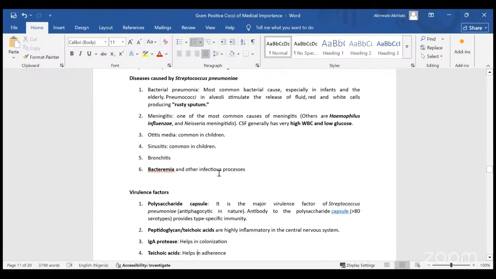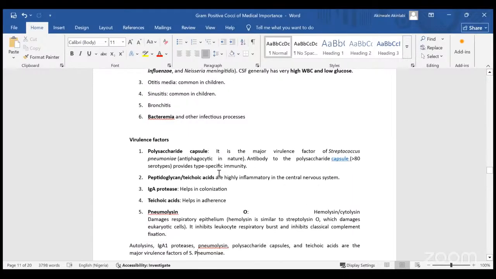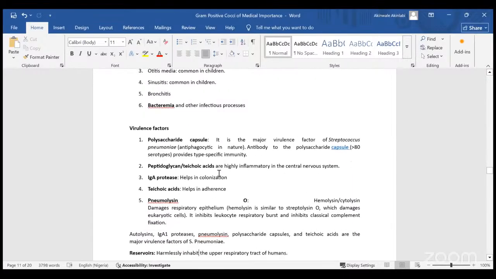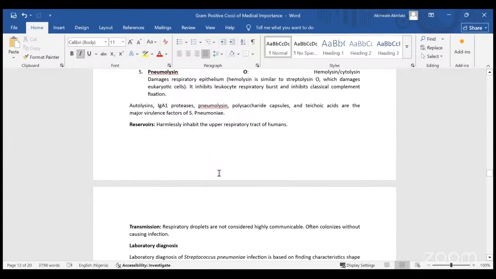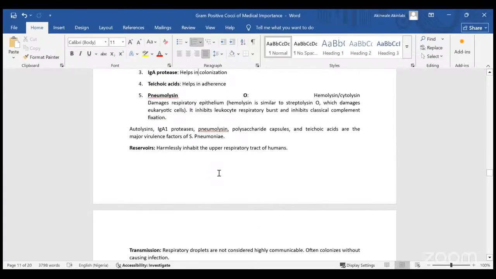Then their own virulence factors, these are listed. We have autolysin as one of the major virulence factors. We have pneumolysins, polysaccharide capsule. I told you the other time that Strep pneumo is encapsulated. It has a capsule.